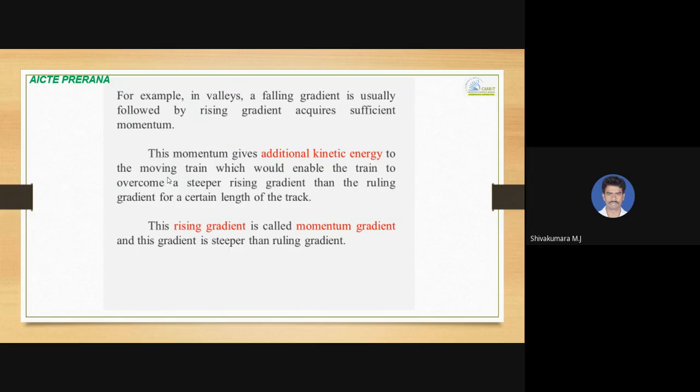This momentum gives additional kinetic energy to the moving train, which would enable the train to overcome a steeper rising gradient than the ruling gradient for a certain length of track, so that you can go for providing momentum gradient there. So this rising gradient is called the momentum gradient, and this gradient is steeper than the ruling gradient.